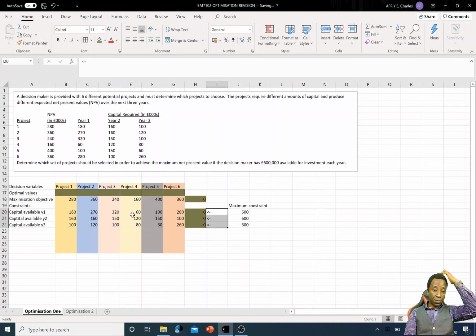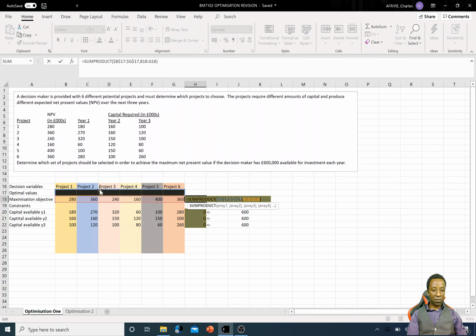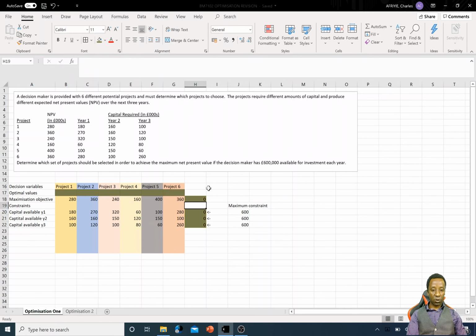We stated the individual NPVs, which are the bits we want to maximize for each of our decision variables under the right column. We used a sum product function to bind the optimal values row and each of the individual NPVs, so that we can find the total net present values after we have found a solution.